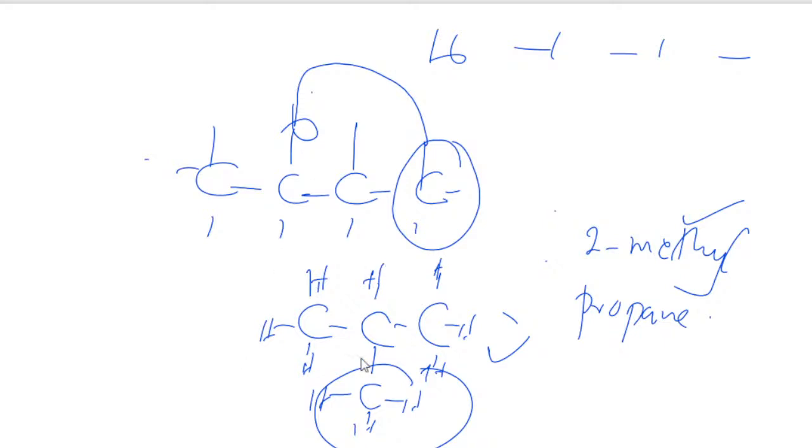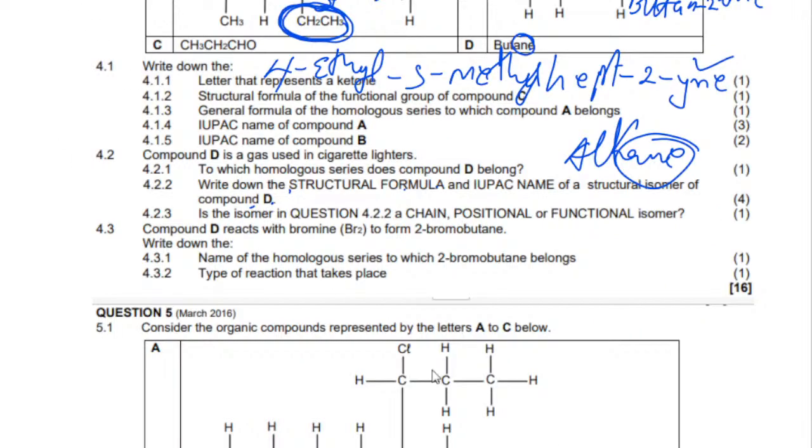Therefore, it's going to become chain isomer. So the answer here is chain isomer.